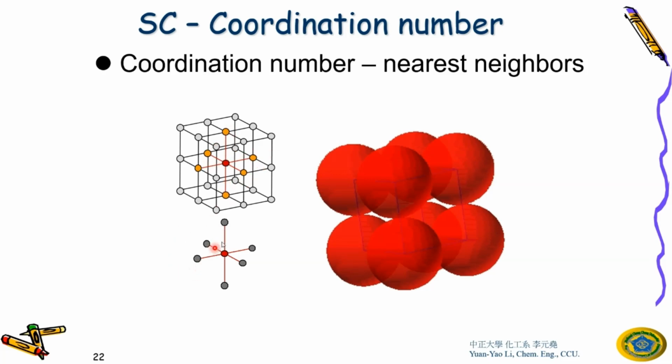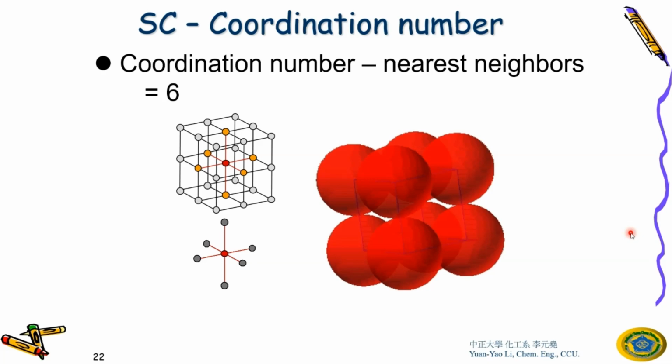So the coordination number for this atom is 6. Not only for this one, but also for this one, there are 6, 6, 6, 6. The coordination numbers are all 6. This is what we call coordination number.